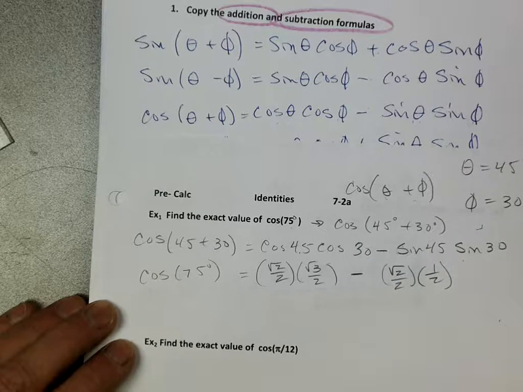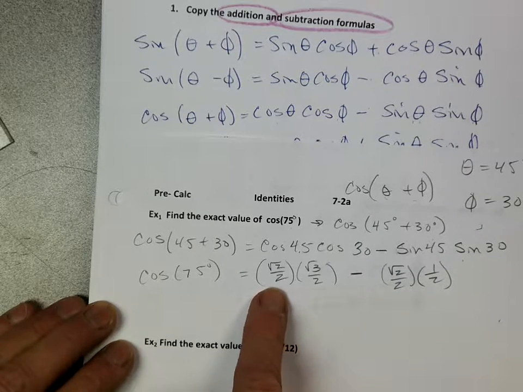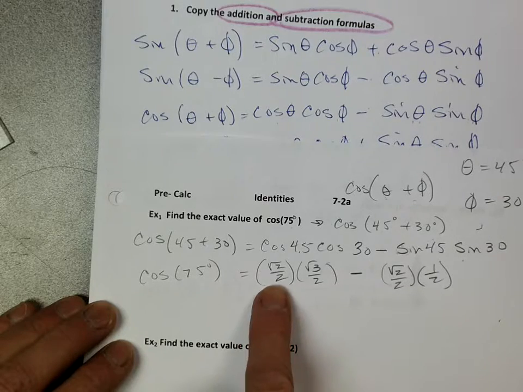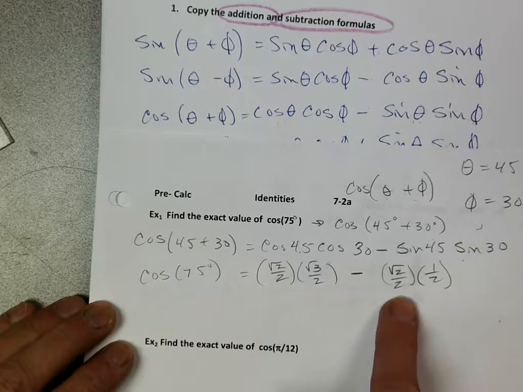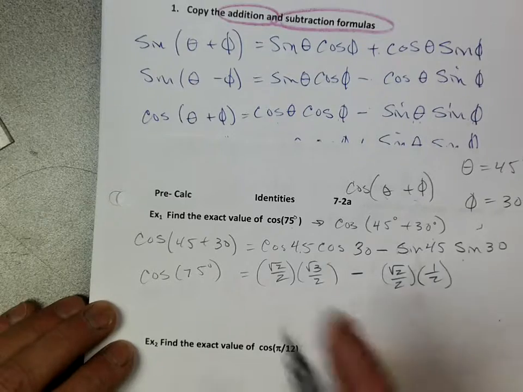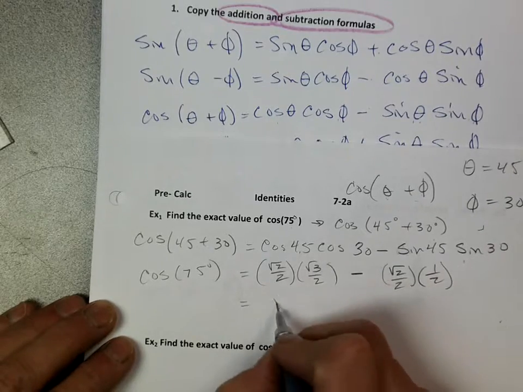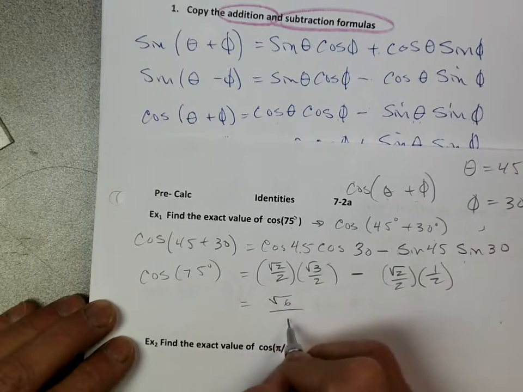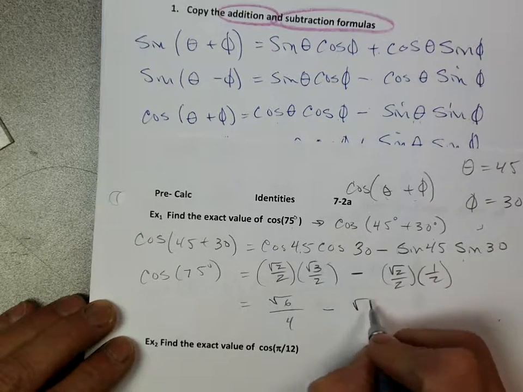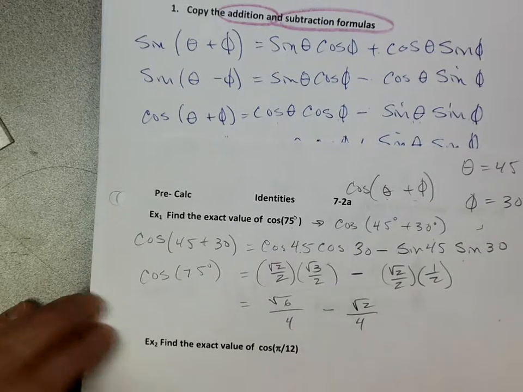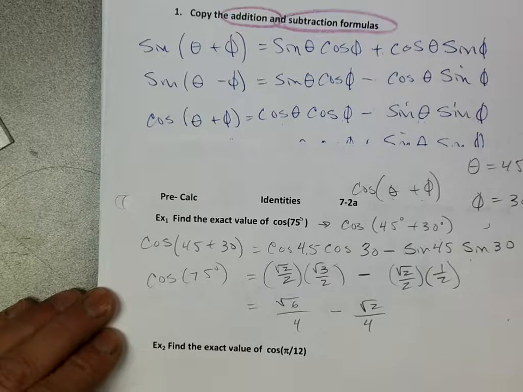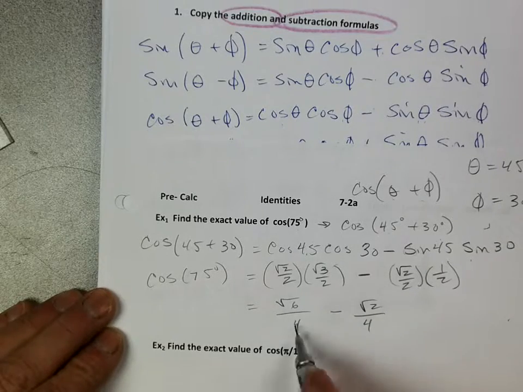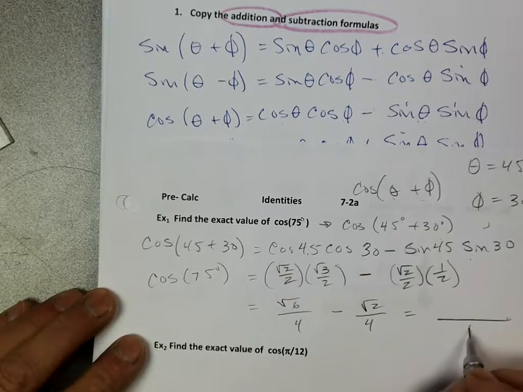Now we're going to simplify that. I just took these values from the unit circle: cosine 45, cosine 30, sine 45, sine of 30. Now let's simplify this. I'll have the square root of 6 over 4 minus the square root of 2 over 4. I can combine them because I have a common denominator, which is 4.